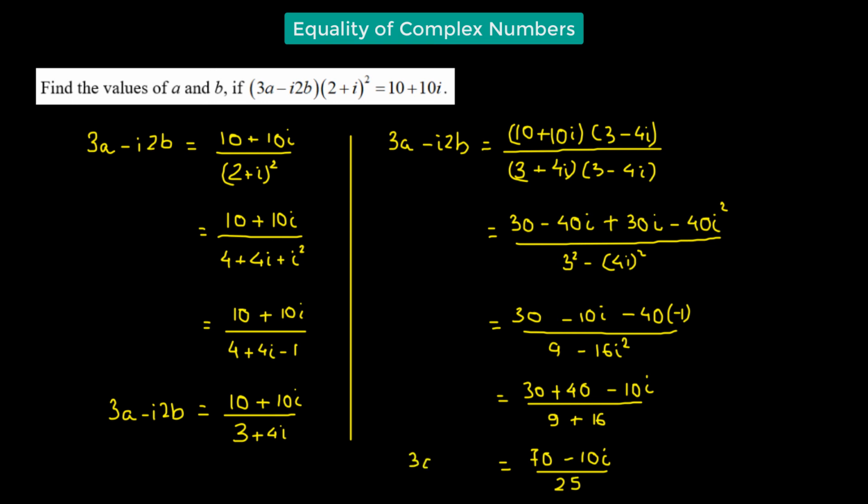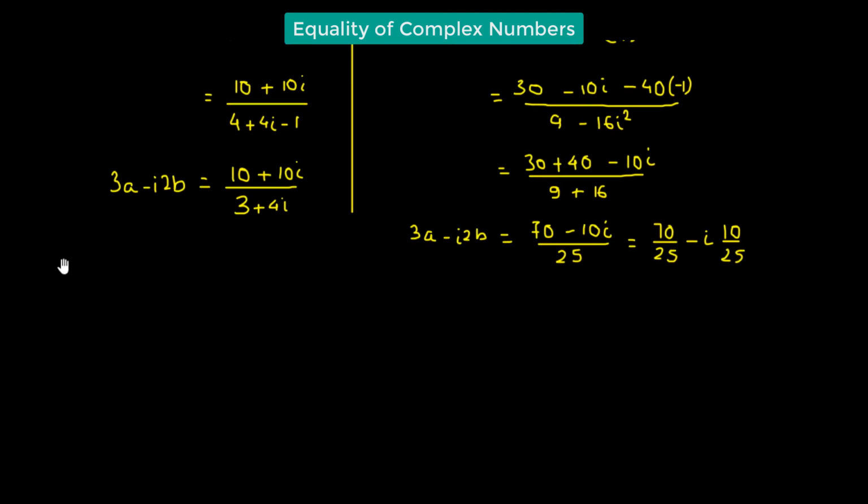So we have 3a minus i times 2b equals 70 minus 10i divided by 25, which in the standard form will be 70 over 25 minus i times 10 over 25. Now we equate the real part and the imaginary part.